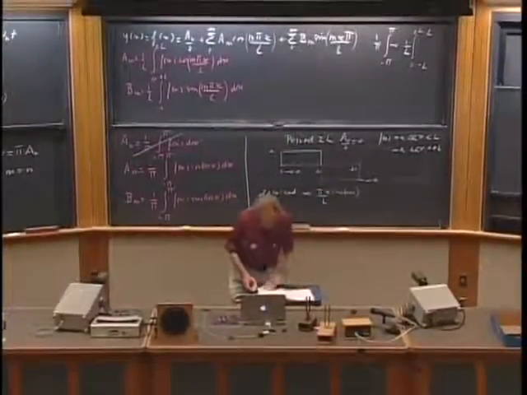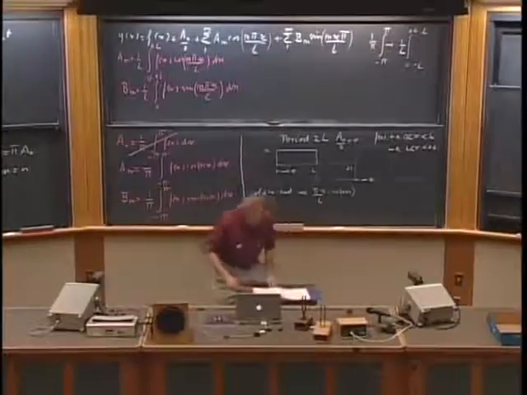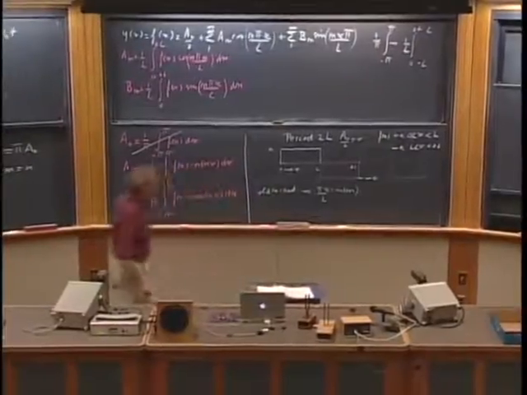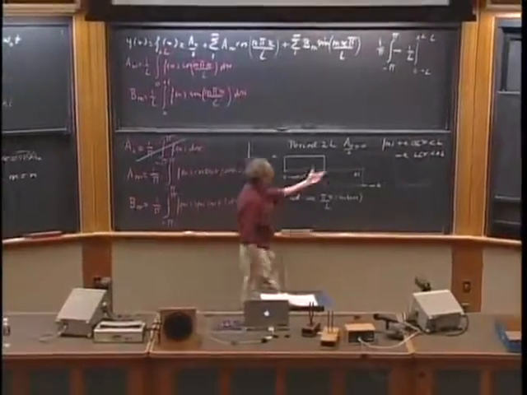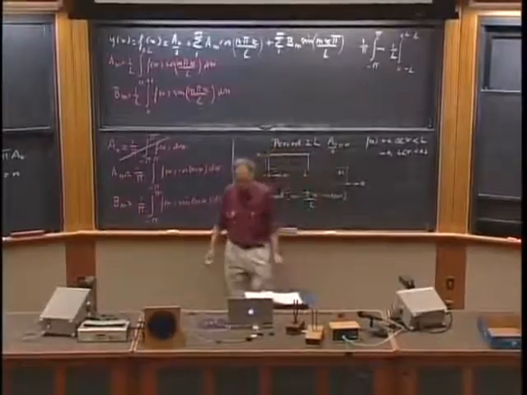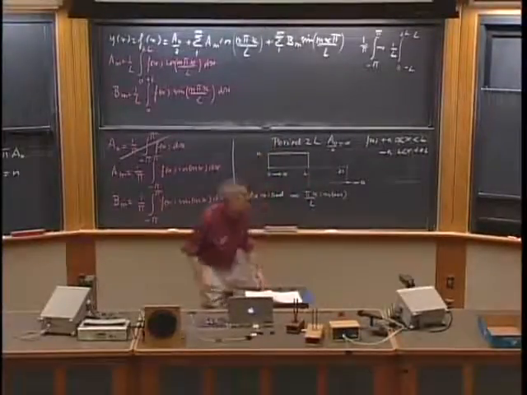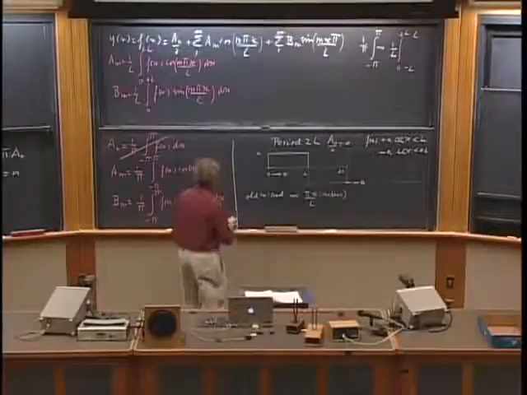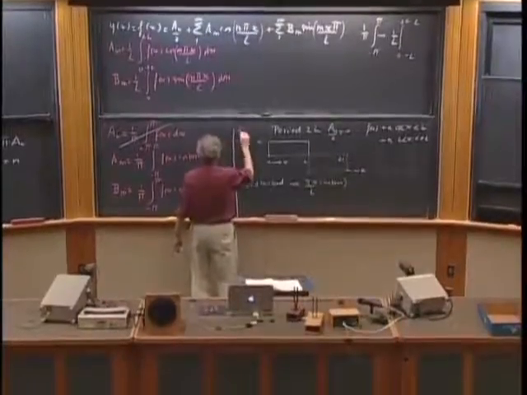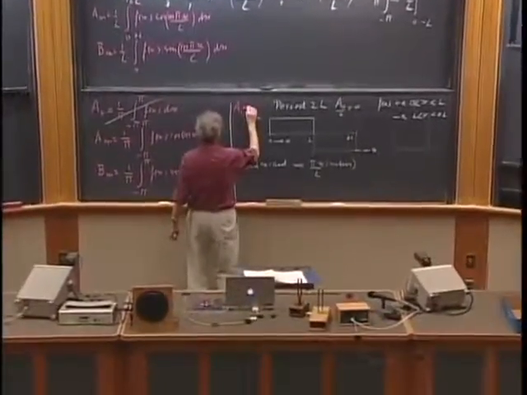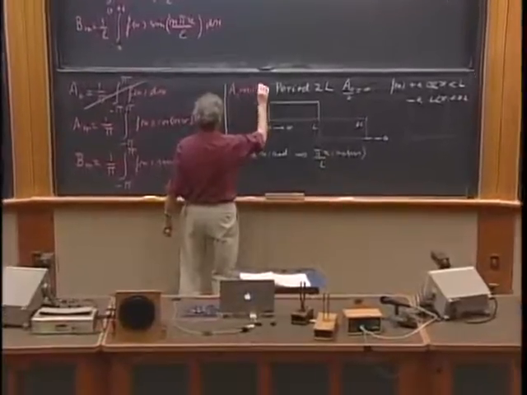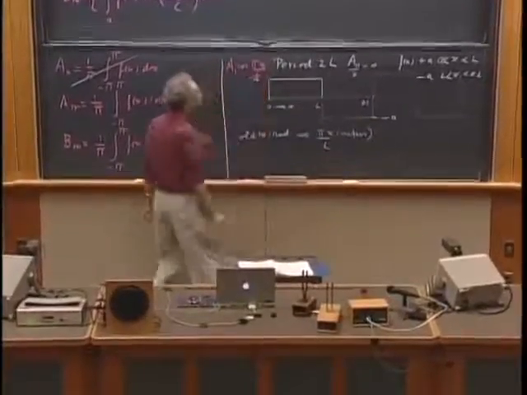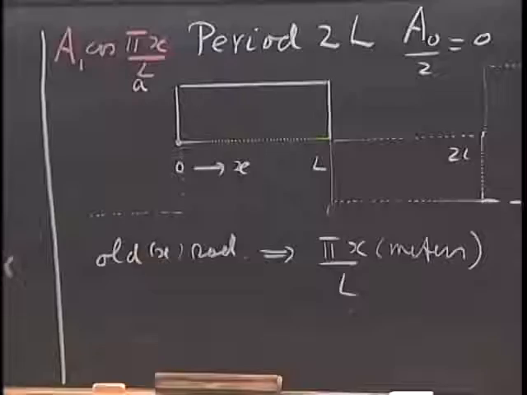I would like to take a look first at the values of a. We already agreed that a0 is 0, so that's not an issue anymore. But let us look, for instance, at the function a1 times the cosine of pi x over L. That would be the first term of the cosine series.